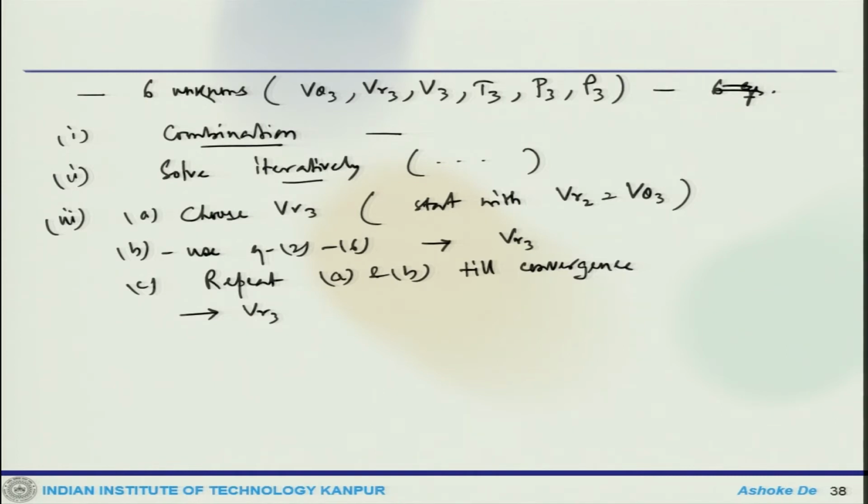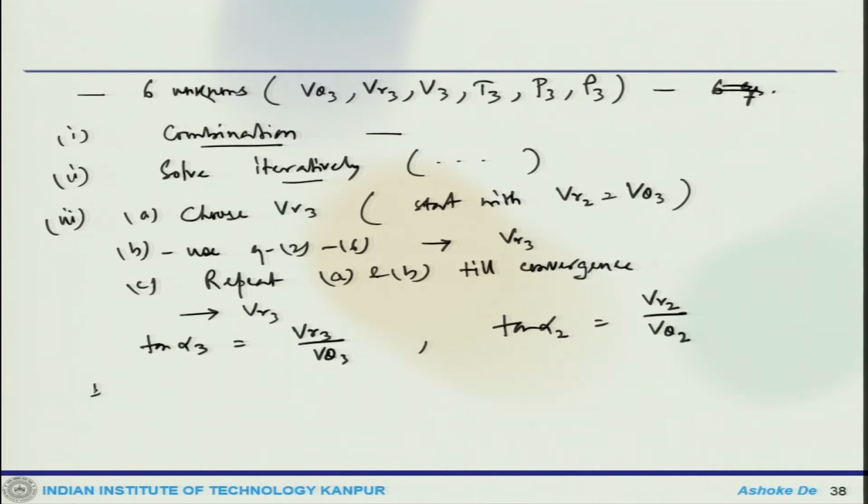So, once you have that, then you can find out tan alpha 3 is V R 3 by V theta 3 and tan alpha 2 is V R 2 by V theta 2.